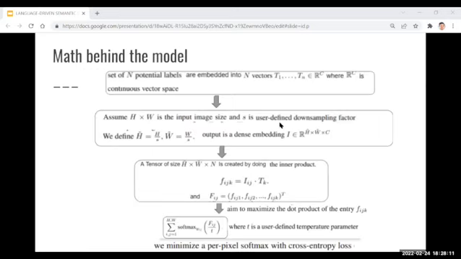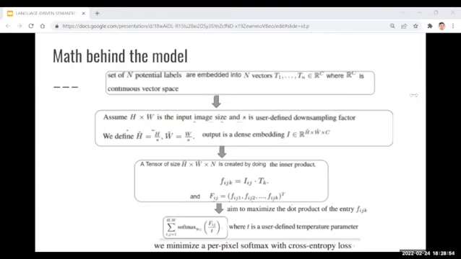Here, what I tried to do was bring together the math happening behind the scenes in one slide. You have a set of n labels in your data set which you want to train your model on, and you use the text encoder to create a vector, which they call t.